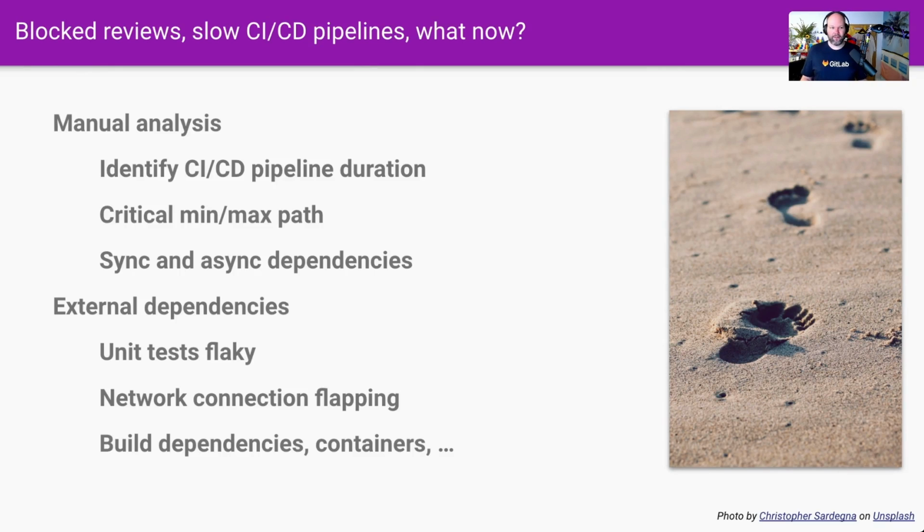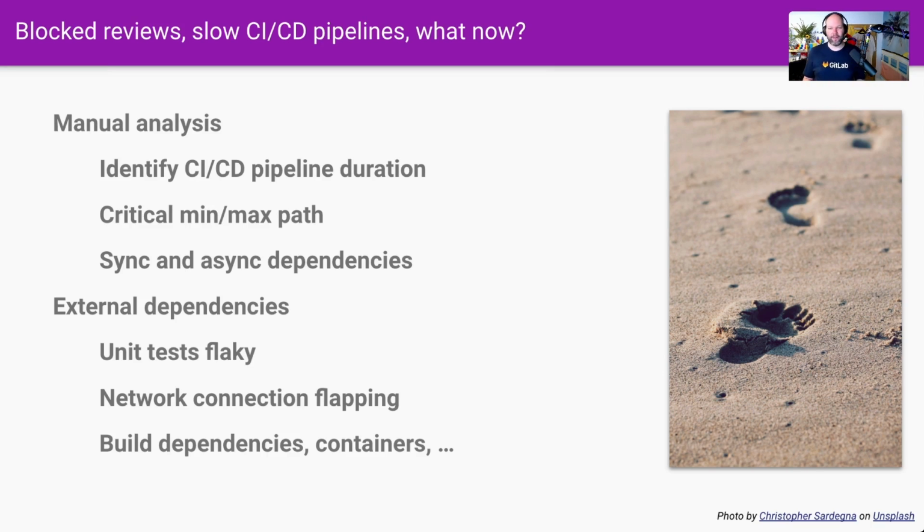What is going on? Potentially with a manual analysis, so identify the CI/CD pipeline duration, identify the critical path, which is the minimum and the maximum execution time. Maybe there are synchronous dependencies or even asynchronous dependencies which influence the behavior, and it doesn't behave the same all the time.